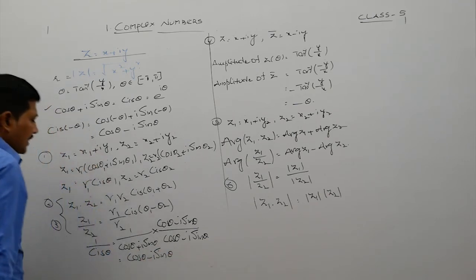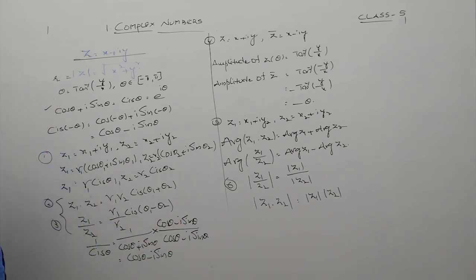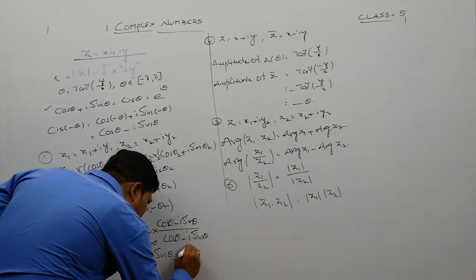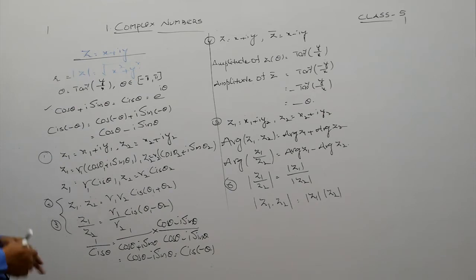Most importantly, in the denominator, (a + ib) into (a − ib) is equal to a² + b². We can have 1 in the denominator, and cos θ − i sin θ is nothing but cis of −θ. So this is what 1 by cis θ is equal to: cis of −θ.